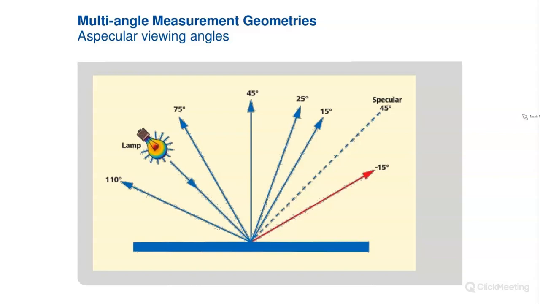But when we're talking about metallic flakes, metallic pigments and pearl luster pigments, we need to use these other angles. So we have 15 degrees, 25, 45, 75, 110, and we also include a negative 15 degrees, specifically for those pearl luster pigments.